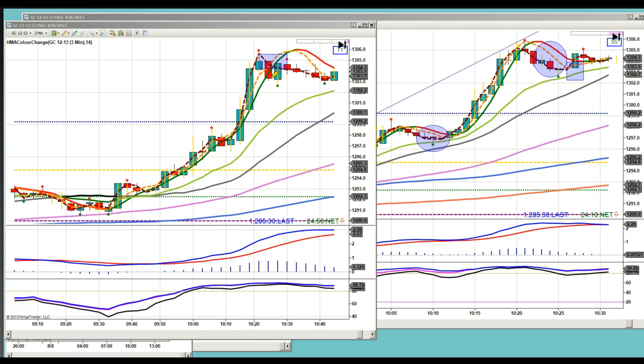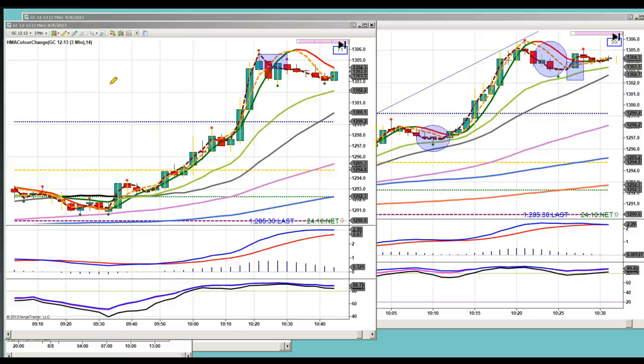At that particular moment in time, that's when I'm looking to do my 3-tick scalping trade. So we're going to look at a couple of these examples where we compare the 3-minute catching up versus the 1-minute, just the regular scalping trade.